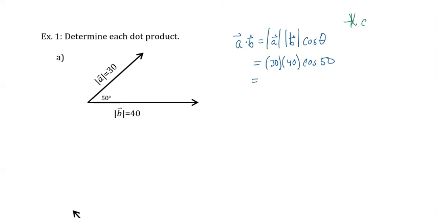So we've got 2 vectors defined in Cartesian space. U is 4, -2. V is 5, 3. Find U dot V. U dot V will just be 4 times 5 plus -2 times 3. 20 minus 6, 14.